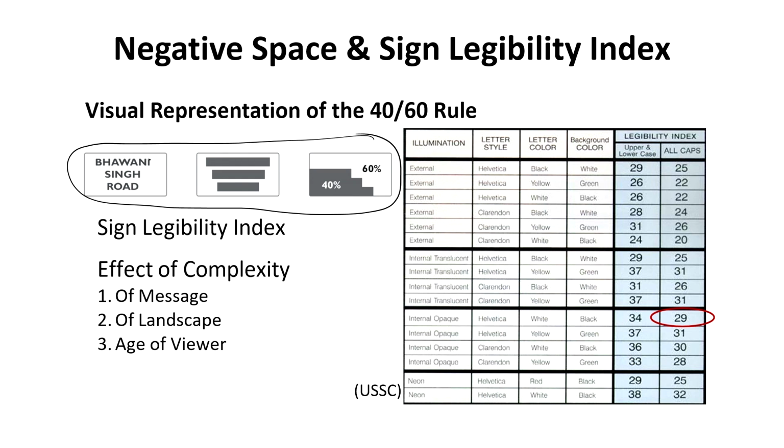So, if we combine these three words and get this area, it should come up to 40% of the entire signage panel size. This actually helps in moving the eyes and identifying the signage easily.